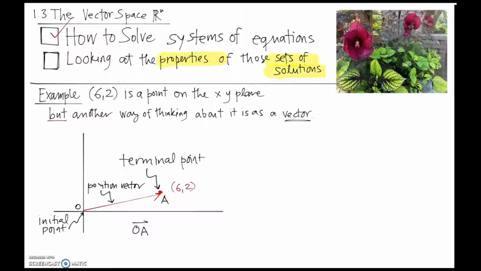So let me give you one other definition. This is really going to be the subject of this section, or the meat of it. R2 is the set of all ordered pairs of real numbers.